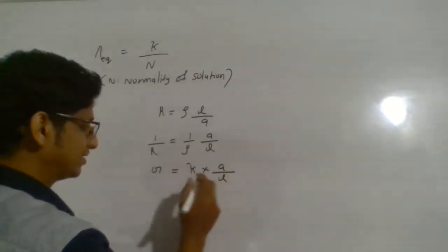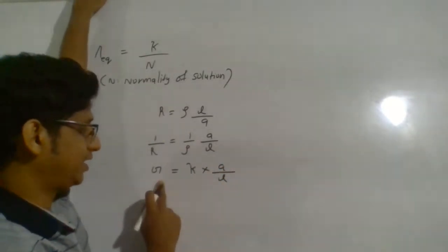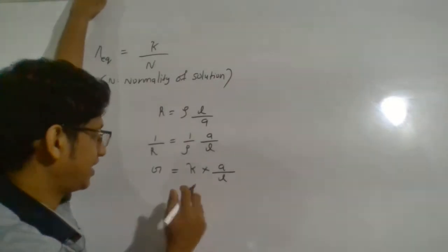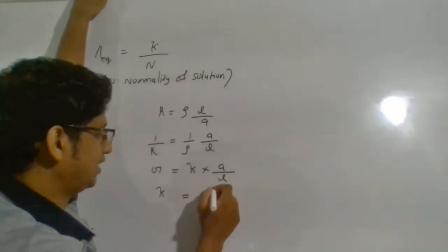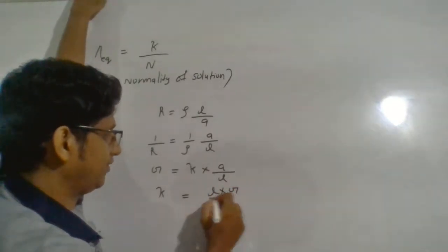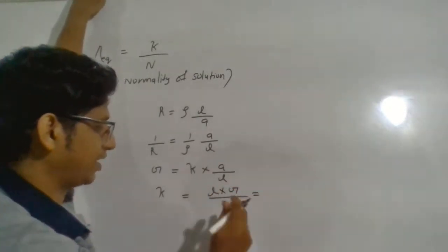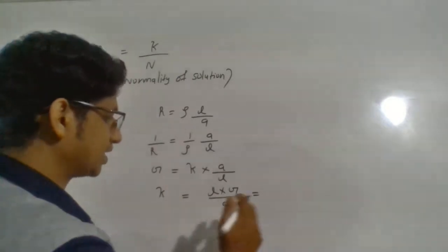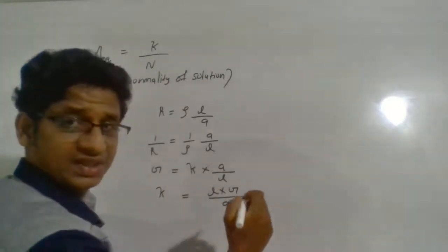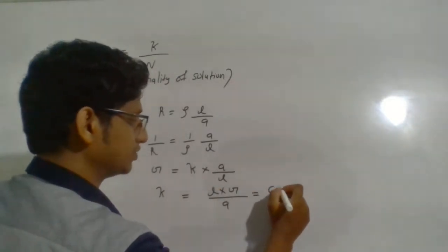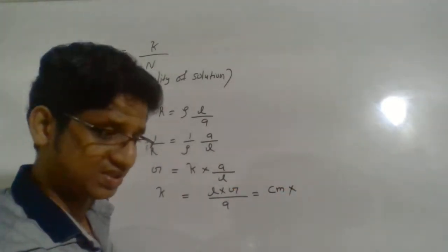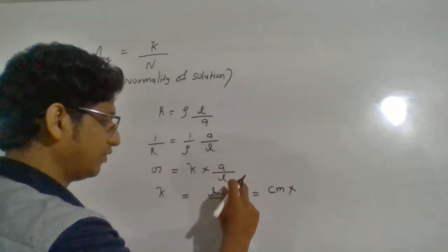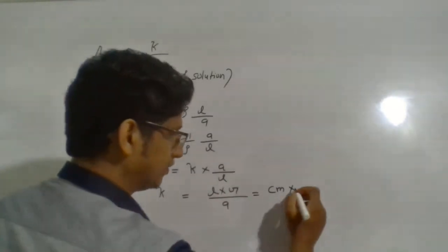So now let us try to find the unit of conductivity. Conductivity kappa is equal to L into G divided by A. Length we generally express in centimeter, so centimeter into conductance. If the unit of resistance is ohm, the unit of conductance will be ohm inverse.